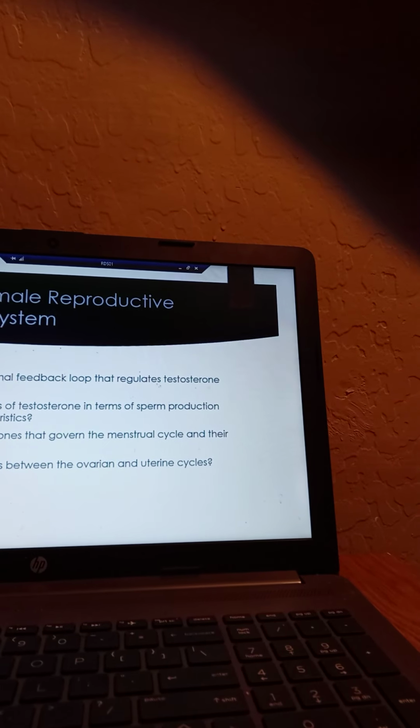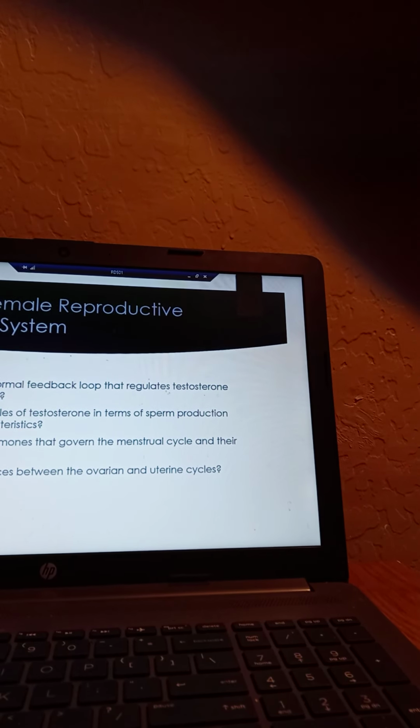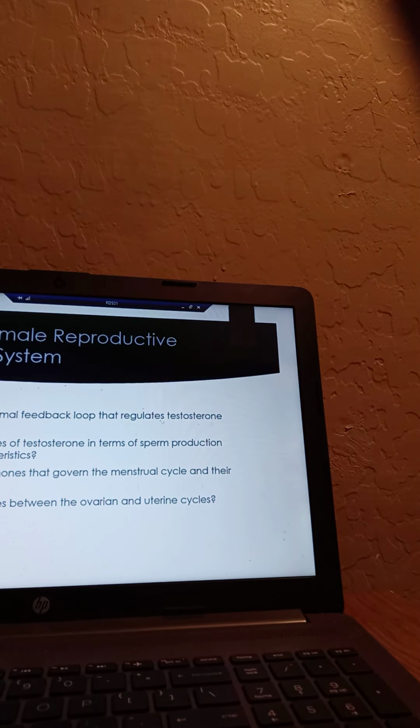And for the next question: what are the major hormones that govern the menstrual cycle and their major functions? And what are the three differences between the ovarian and the uterine cycles? So the menstrual cycle is regulated by the complex interaction of the hormones, luteinizing hormone and follicle stimulating hormone, and the female sex hormones, estrogen and progesterone.